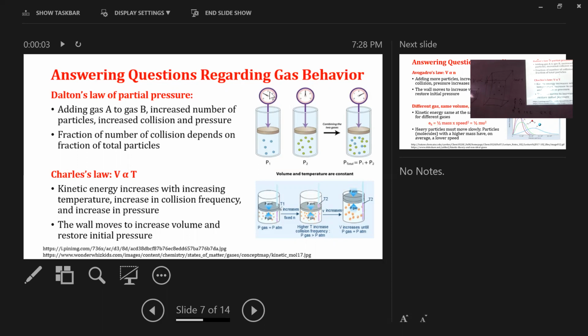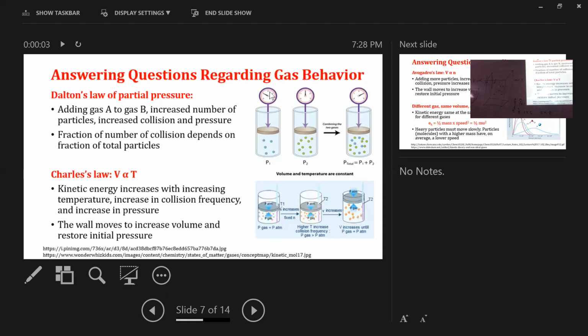But one thing: how much will the pressure increase? If we kept only these 5 molecules in this container, how much pressure would they exert on the volume? That is the partial pressure of component 1. And if we have just the other 10 molecules inside, how much pressure would we have?